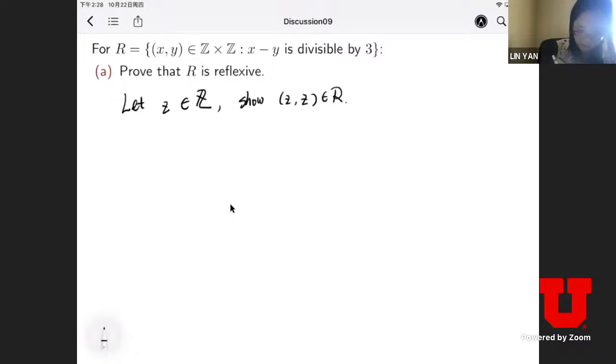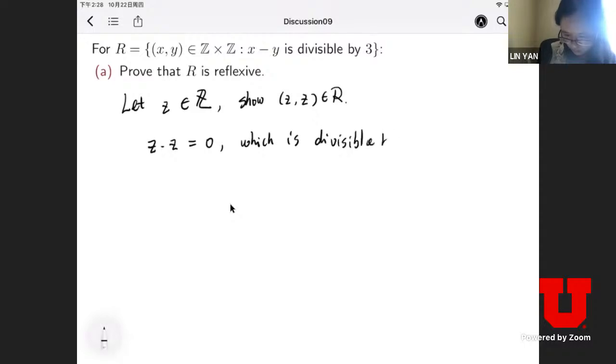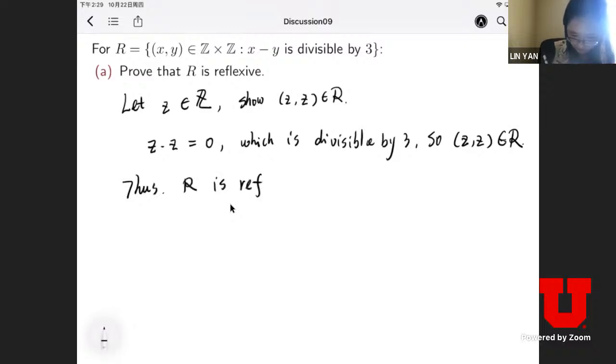So we choose a z from the integer set, then z minus z is equal to 0, which is divisible by 3. So (z,z) is in this relation. Thus, R is reflexive.